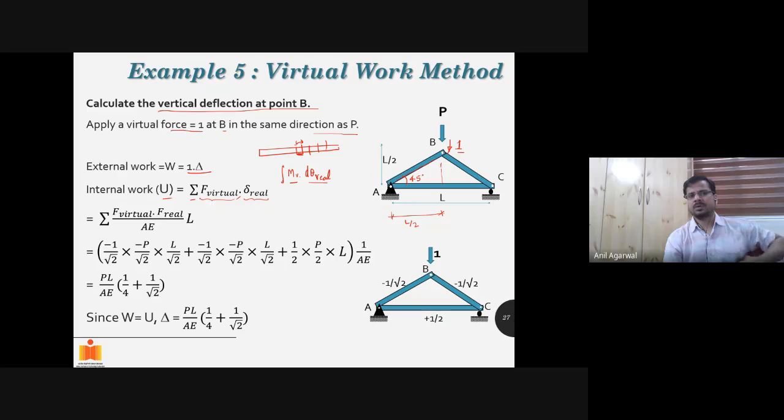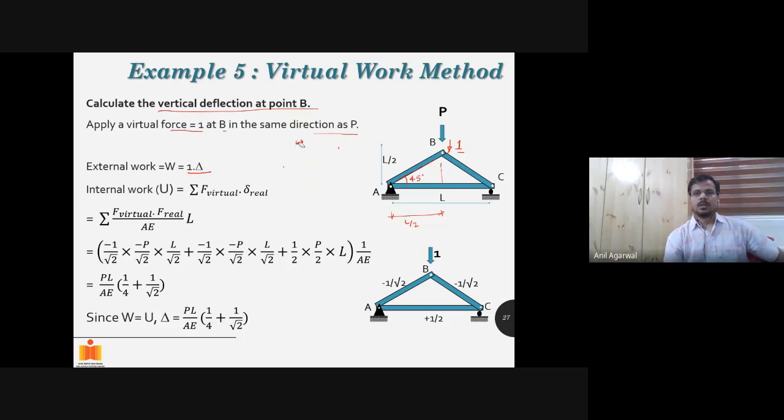So for each member I'm saying how much is the member force because of the virtual load, and how much is the member deformation because of the real load. The two multiplied together will give me the strain energy stored in this member, and this strain energy will be caused by the virtual loads while the real loads are being applied.